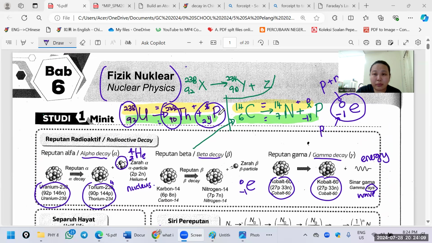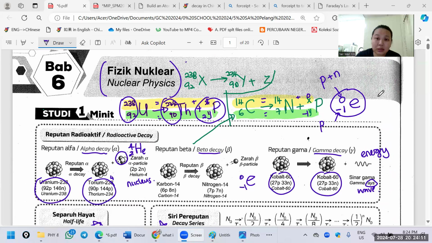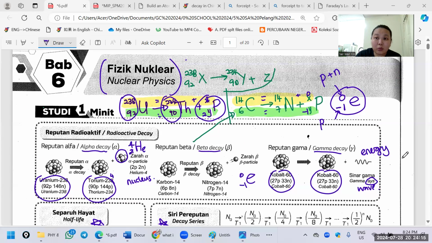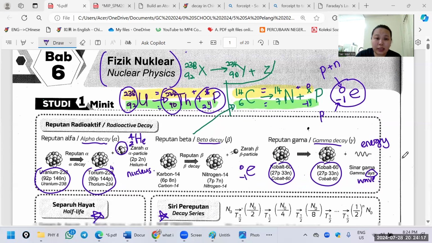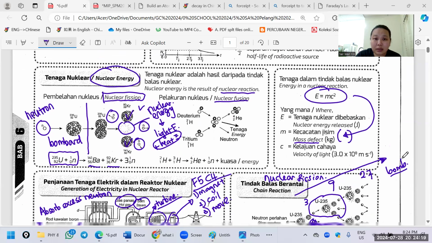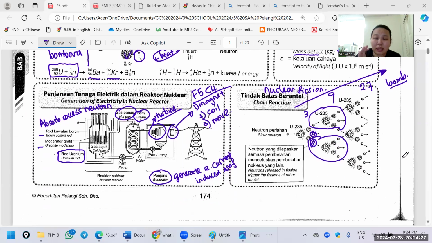Now, top part, you mean this? Okay, 1, 2, 3. This part, you mean this? 1, 2, 3. Okay, this part, 1, 2, 3.